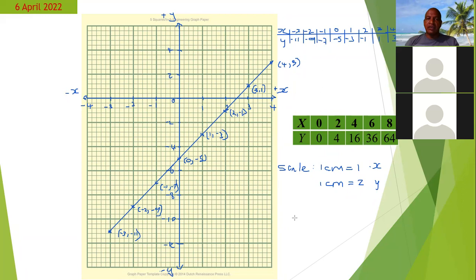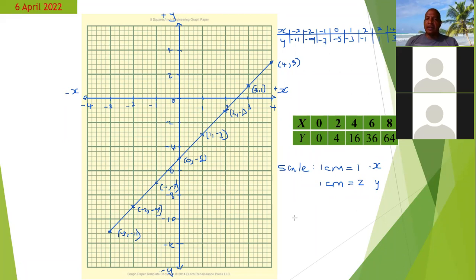Now, I asked you guys to do that yesterday, and it's only 2 persons that have done it. But if I'm not seeing your graph paper, guys, I won't be able to correct your mistakes. So I need to see your graph. So please, guys, do the graph, take a picture of it, send it to my personal, don't send it in the group, but send it to my personal WhatsApp number.